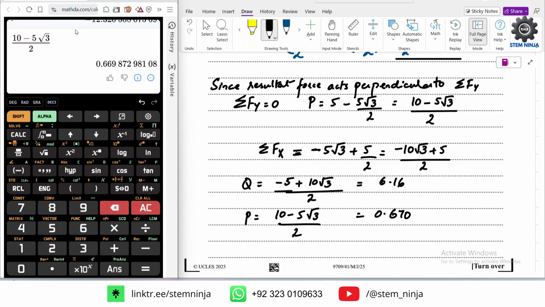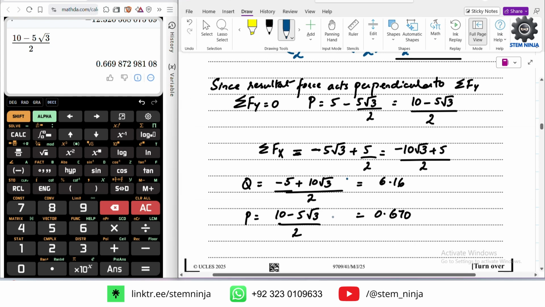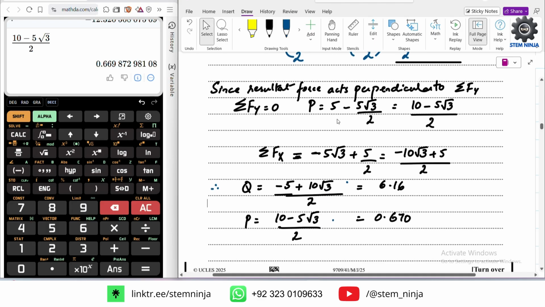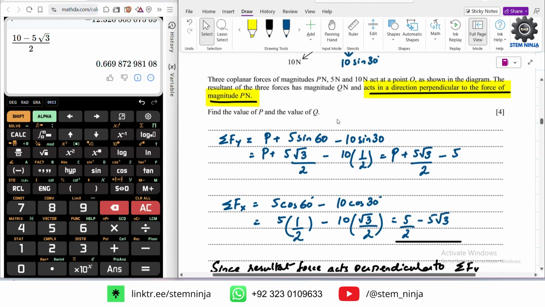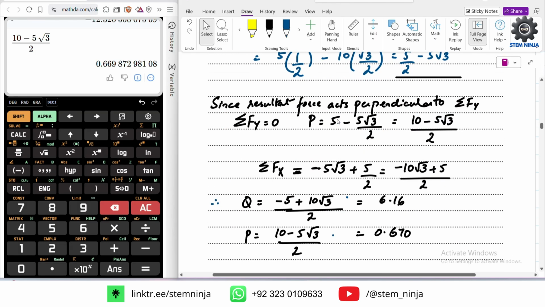Right? That's about it. Okay, so basically we have written two forms of answers, the exact forms and the inexact forms also. But either way, that's fine. Any other thing? No. Alright, so let's move on to the next question.